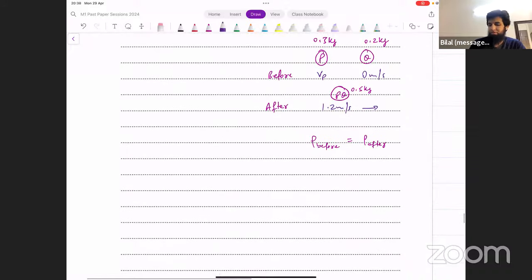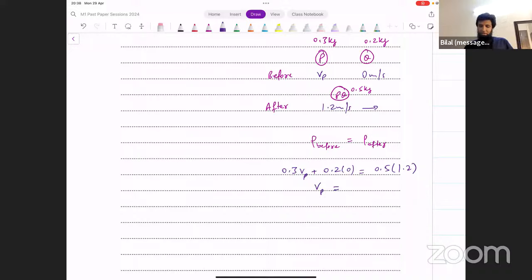What does that give us? 0.3 into Vp plus 0.2 into 0, that equals 0.5 into 1.2. And using this information, we can figure out the velocity of P just before collision.